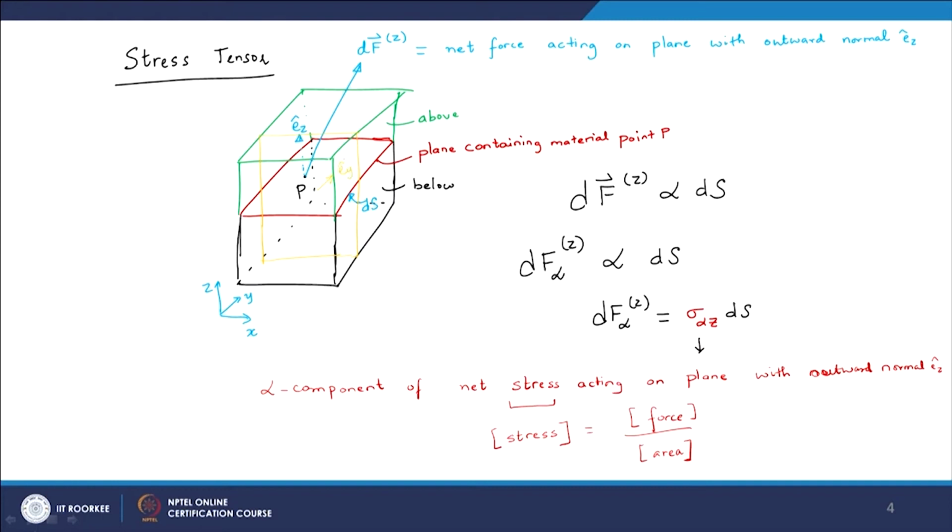So, I can draw a variety of planes that contain the material point P, and for all those planes I can define the stress tensor and the components of that stress tensor.